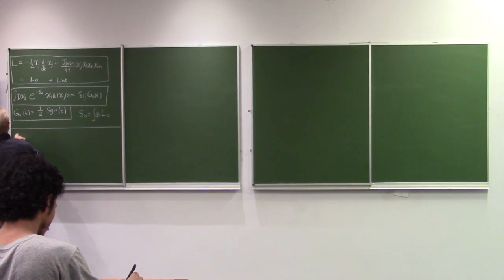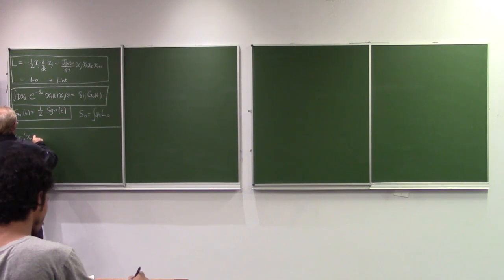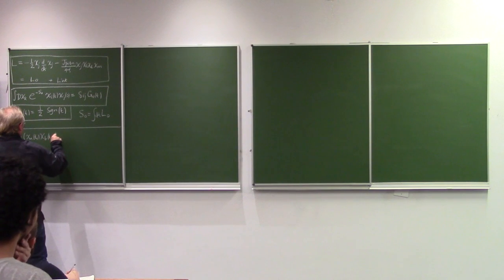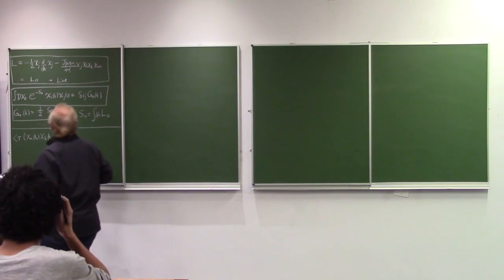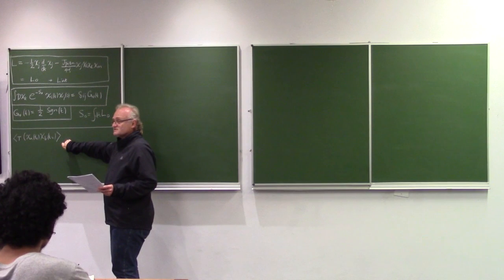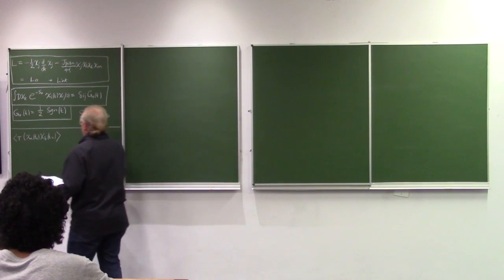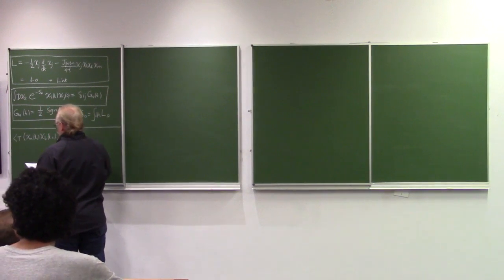We want to calculate now the time-ordered correlation function, phi a of t1, phi b perhaps of t2. And this is now the full interacting theory. So I can again express this as a path integral. The path integral will be the following.